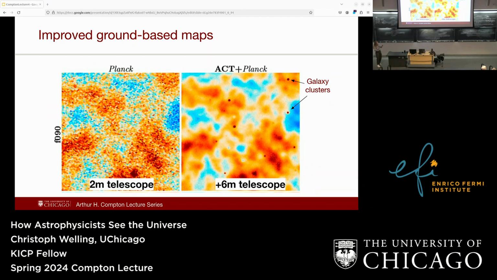And not just that, we see features just pop out. These are galaxy clusters, where the gas of the galaxy cluster has been interacting with the radiation, and so they pop out of the maps. And so now there's a ton of science we can do at the galactic scale.